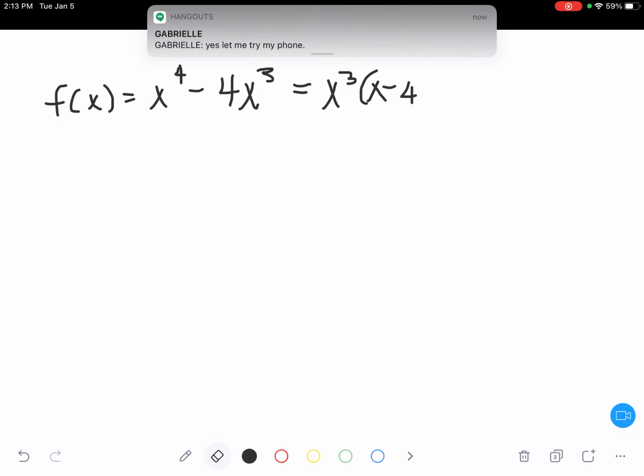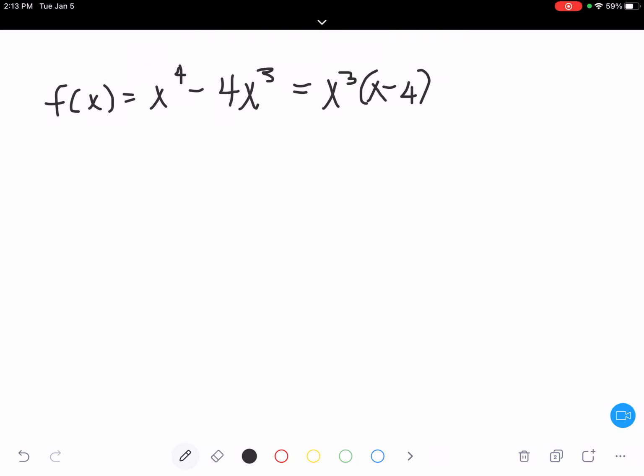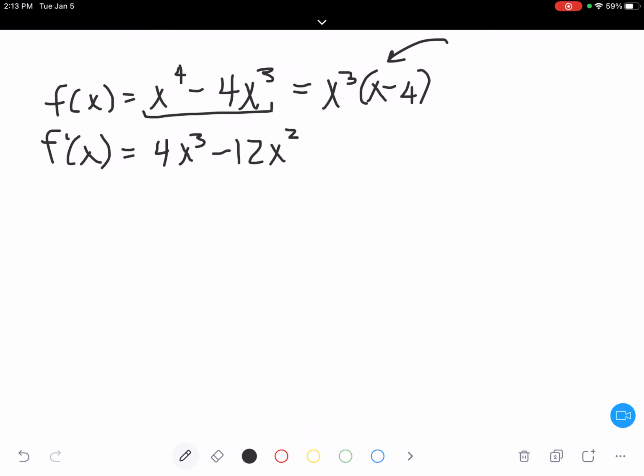All right, so in any case, when I go to take the derivative, I'm taking the derivative from this format, although when I go to plug in later, I might plug in here. Okay, so I'm going to take the derivative, and I get 4x cubed minus 12x squared. And I'm going to set this equal to 0, just like I did before.